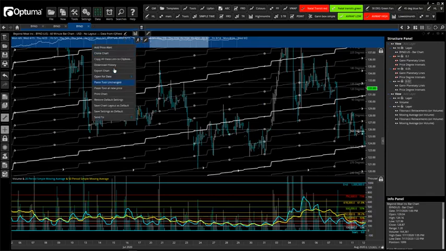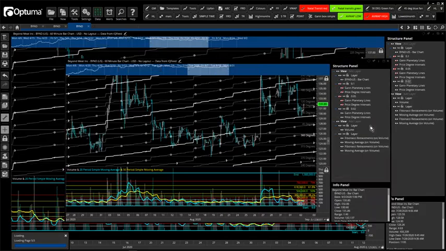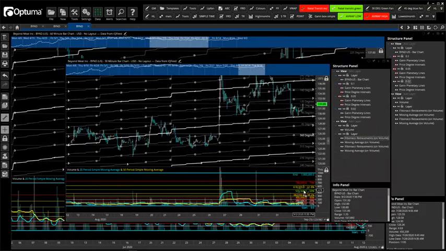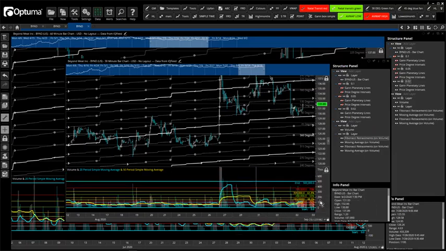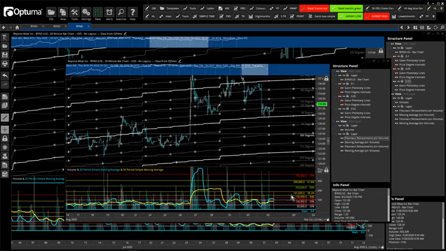So we could say, clone this, and we would just move to a 30-minute chart. And we would set out all of our geometry here to 50% of what it was. And you can see now you're getting that same readout, but it's a little faster.